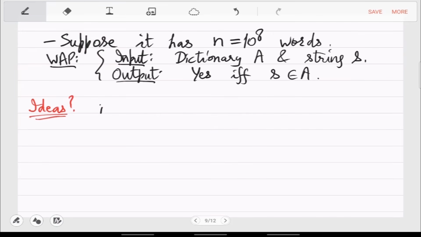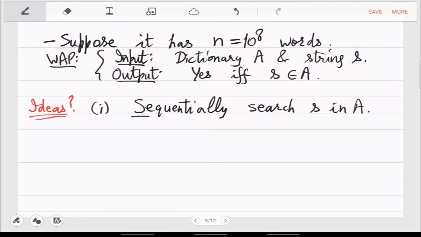First is just do it sequentially. Right, so sequentially search S in A. Sequentially means that you start from page 1 and then go to page 1 million. Every page you read and see whether S is present or not.